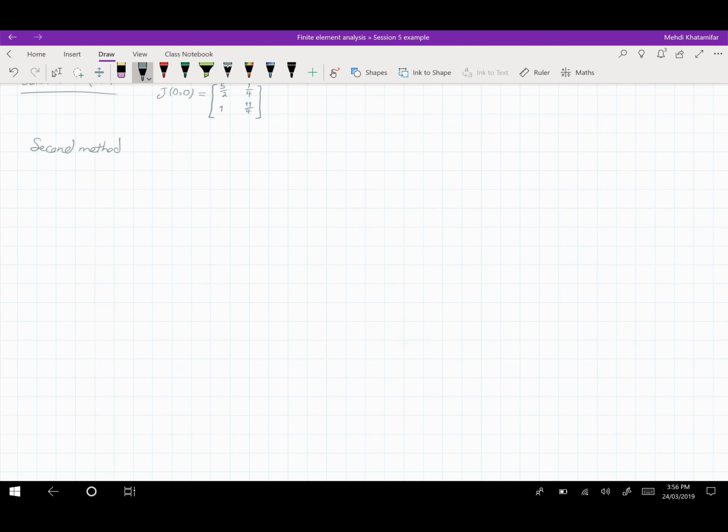So instead of finding x and then finding the derivative of x, I'm going to find the derivatives of n. Let's see what I mean. We have the derivative of x over, for example, psi.